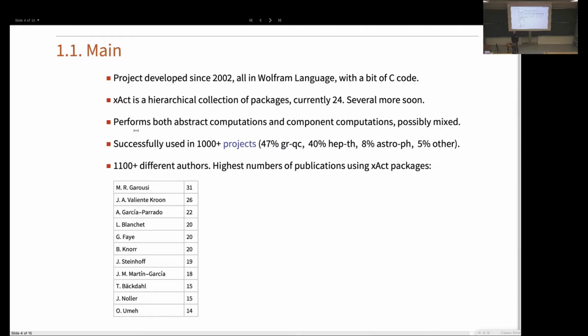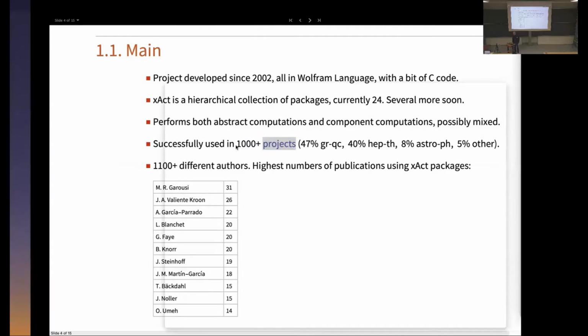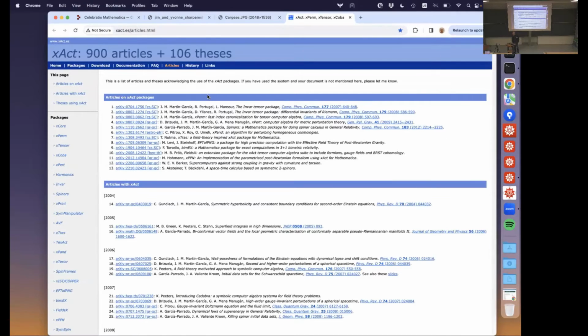xAct performs both abstract computations, so in abstract tensor computations, and also component computations, the sort of, I give you a metric, give me the Ricci, give me Riemann, etc. And it can mix them, which is also something that few other systems can. The system has been used already in more than 1,000 projects, and I keep a list here, which from time to time I update by going to the archives or Google Scholar and seeing which papers cite xAct.